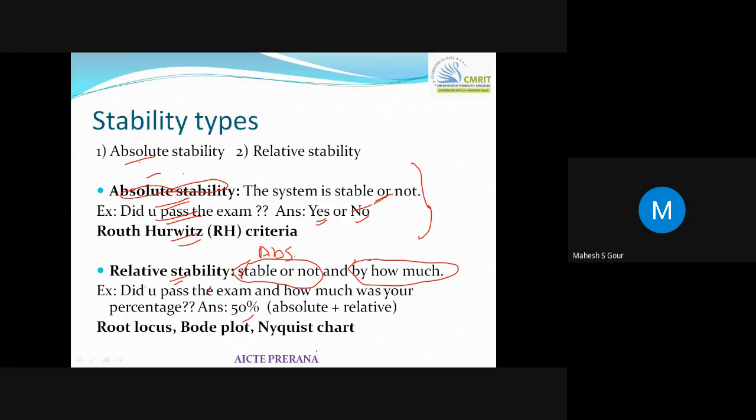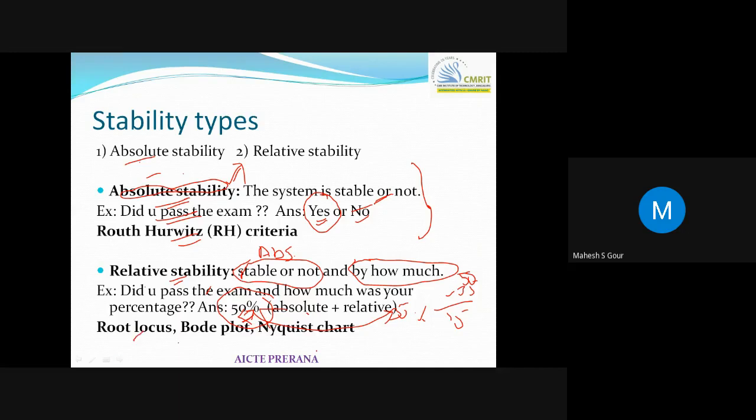So you will say 50%. So what does 50 indicate? 50 indicates you have passed the exam. By default, we can conclude that you have passed the exam. So it is telling absolute stability also. And by how much? By 50%. Like the basic criterion is that 35% is your passing percentage. So you can conclude that 50 minus 35, that is by 15%, it is stable, right?